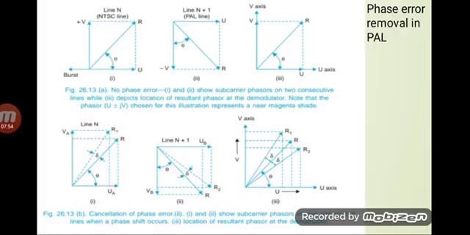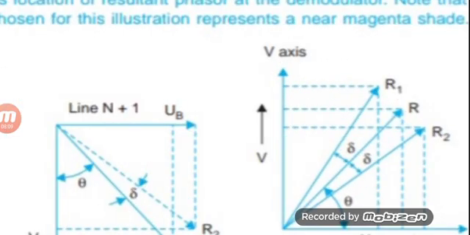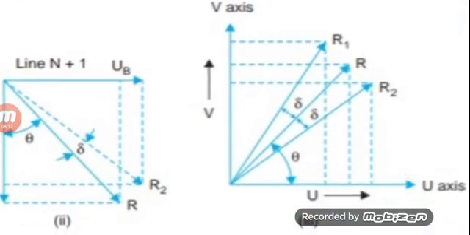And when both these signals have errors, obviously there will not be elimination of phase shift error. The phase shift error will appear as it is, but when the phase shift errored signal travels and reaches the receiving end, then if we check them on an average basis, with the middle line here, the first line has plus 90 plus delta error, and the next line has minus delta error.